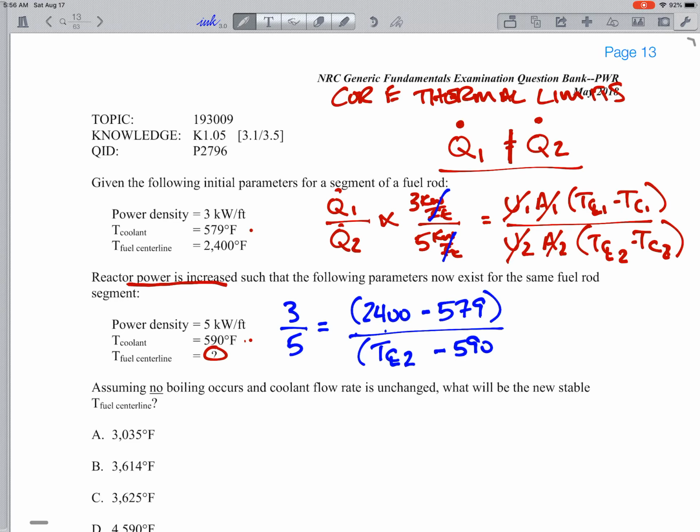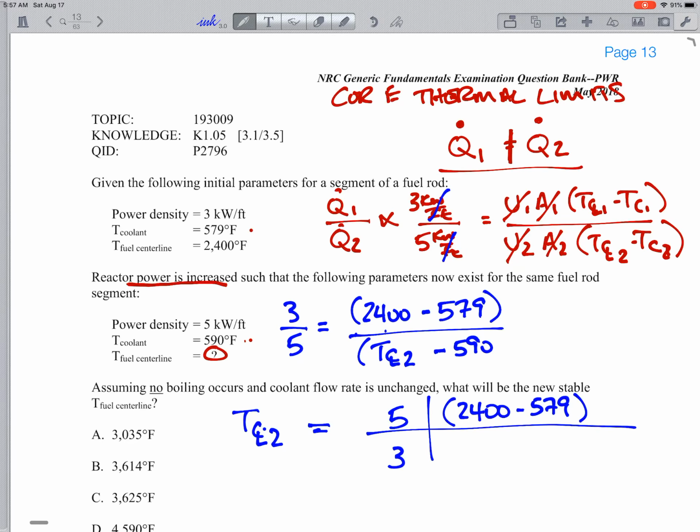Let me do a little algebra here. Temperature centerline 2 is going to be equal to 5/3 times this quantity of 2400 minus 579, and we're going to have to add 590 degrees. I think that will work out for us.